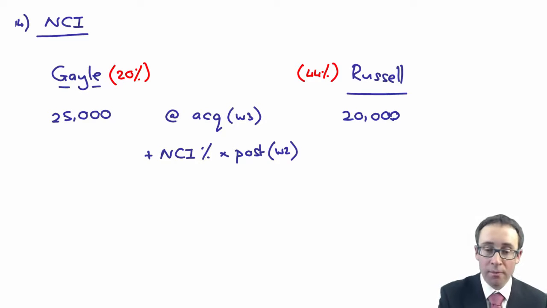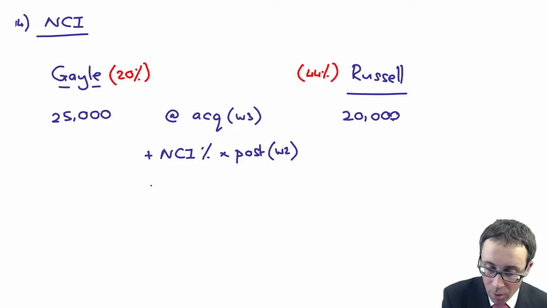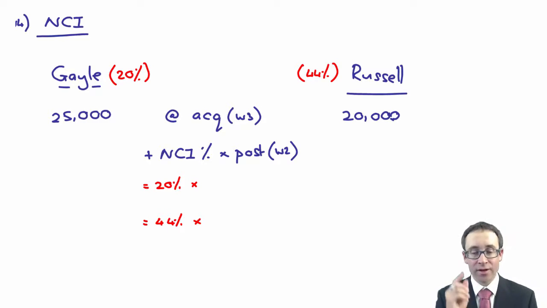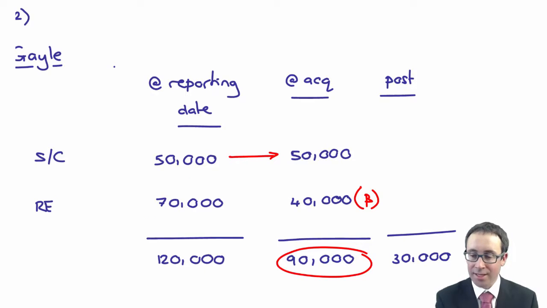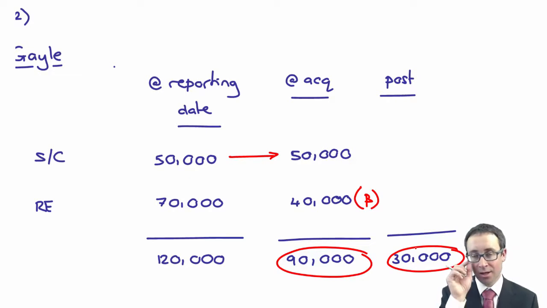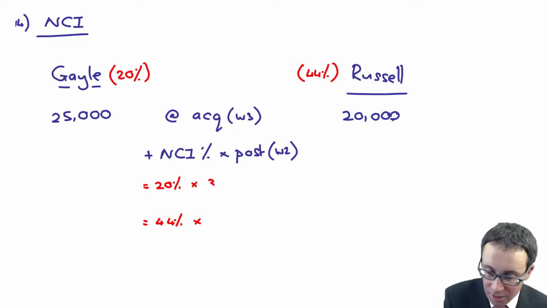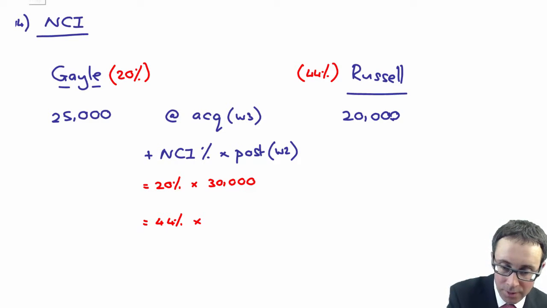The non-controlling interest share of the post-acquisition. Well, for one, you need to take 20%, and for the other, we need to take 44%. We just need to get the right figures, don't we? So let's think about Gale first. If you scroll back to Gale's net assets, you will see Gale's post-acquisition movement of net assets is there as 30, isn't it? So 20% of 30 is 6,000.